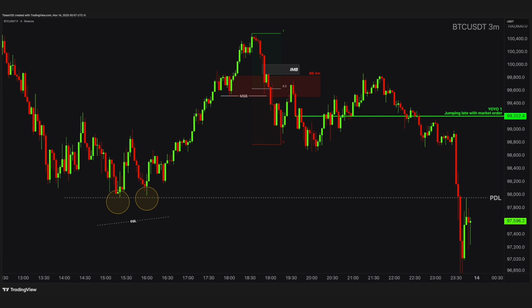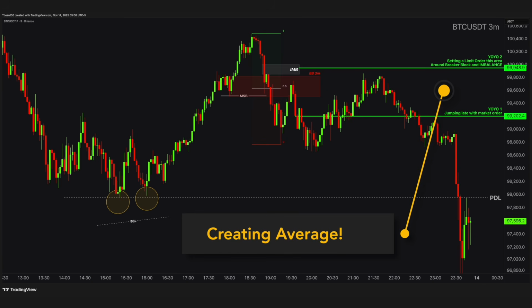This is your first order and it gets you into the trade. Now, for your second order, you place a limit order at a key strategic level, which would be that inner imbalance area right above the breaker block and inside the discount zone of the premium to discount range. With this style of trading, you never end up missing a trade. And in the worst case scenario, you just create an average entry.